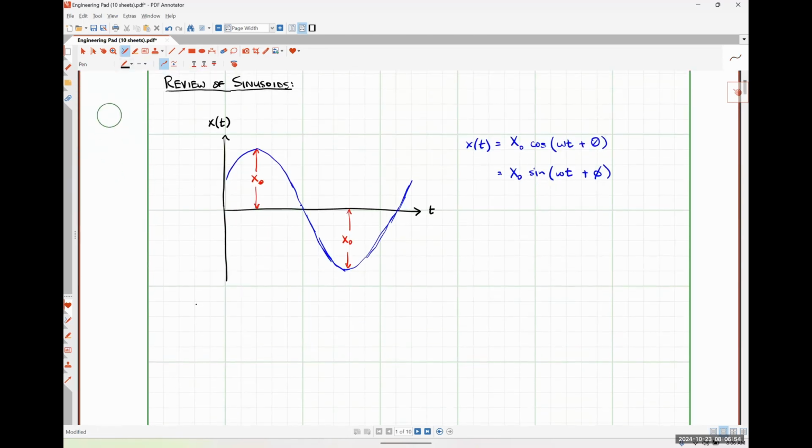So x naught is the signal's intensity slash strength. Actually, amplitude. Let's call it what it is first. Amplitude, which is a measure of the signal's strength.